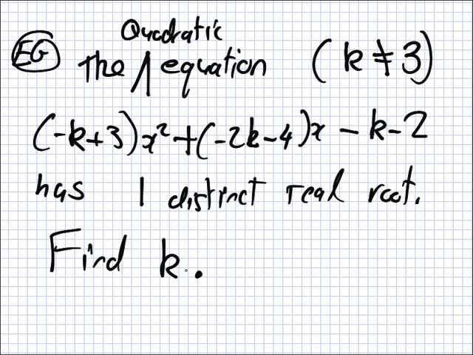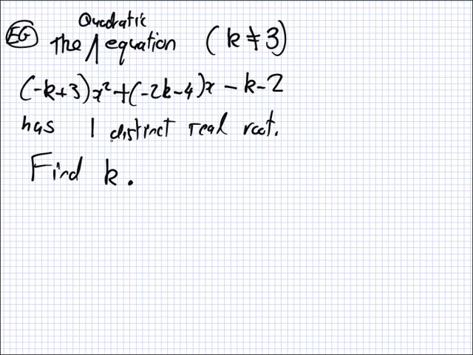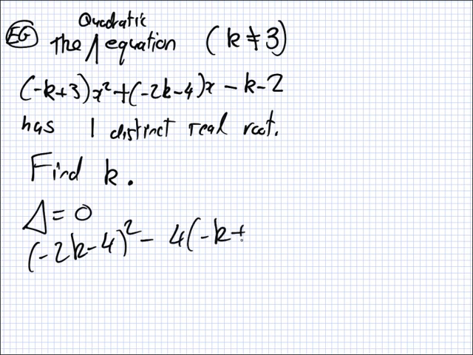Let's have a look at the answer now. So we'll start by saying discriminant equals 0. Why? One real root. So b squared minus 4a, now what's the c? Minus k minus 2.